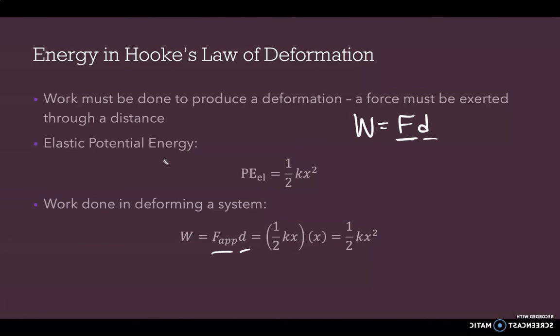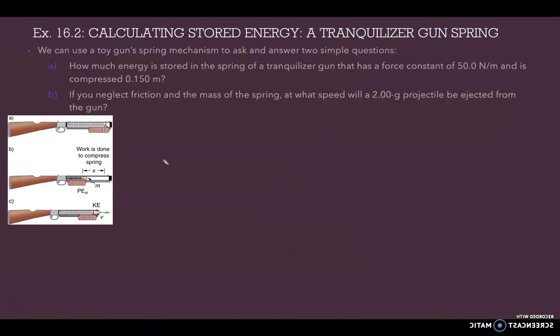Okay, now let's go ahead and look at an example here. So we are calculating stored energy in a tranquilizer gun spring. Okay, so we're going to go ahead and answer these couple questions. How much energy is stored in the spring of a tranquilizer gun that has a force constant of 50 Newton per meter and is compressed 0.15 meters?